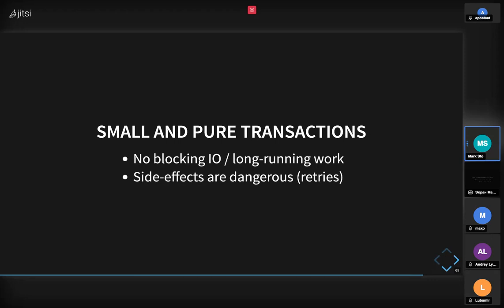Side effects are another important thing to keep an eye on. Inside transactions, they are dangerous because of, again, retries and repeated execution. You better follow the pattern with STM that the transaction plans an action and the engine performs it after the transaction commits.